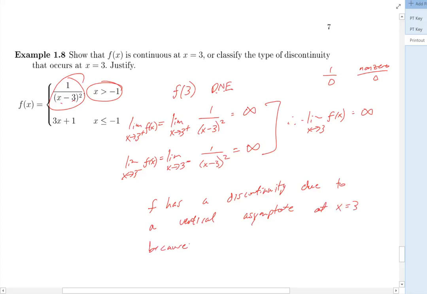The one-sided limits are infinity. You could say the one-sided limits are infinity and negative infinity, but your computations are right there above. So anything you state here, you don't have to restate. It's clear from above, okay?